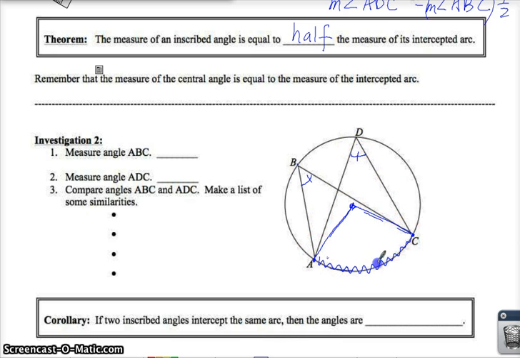So if they open to the same arc, they have to be the same angle measure. So fill in the theorem, or the corollary: if two inscribed angles intercept the same arc, then the angles are congruent. So angle ABC, in this case, is congruent to angle CDA.